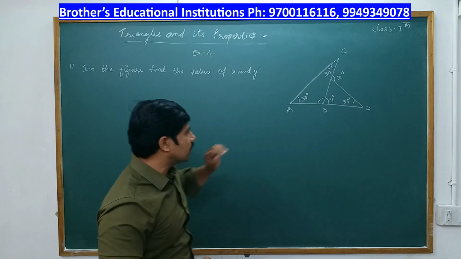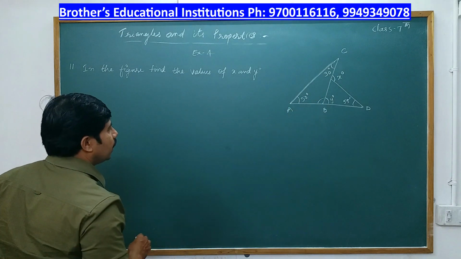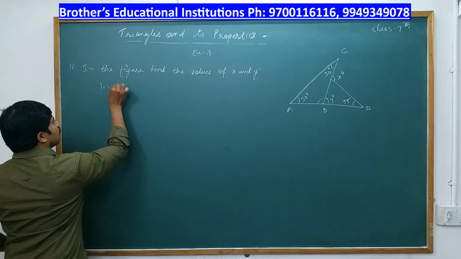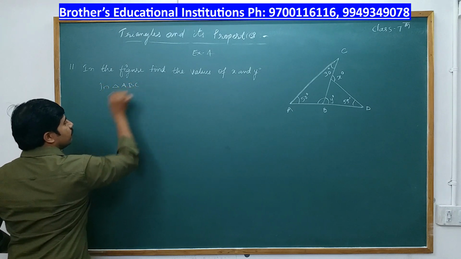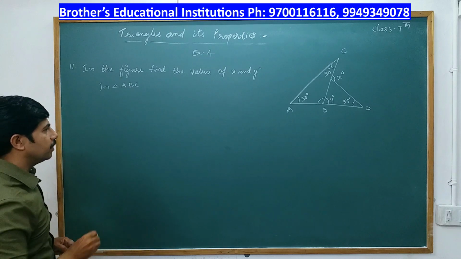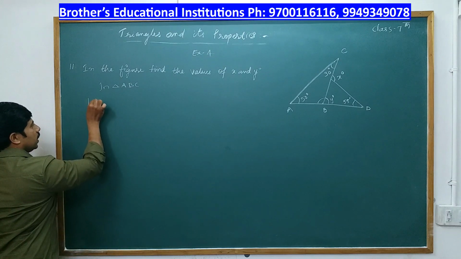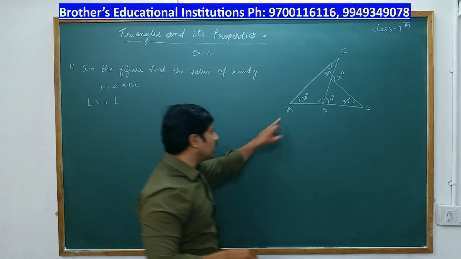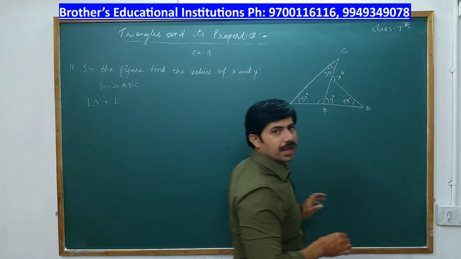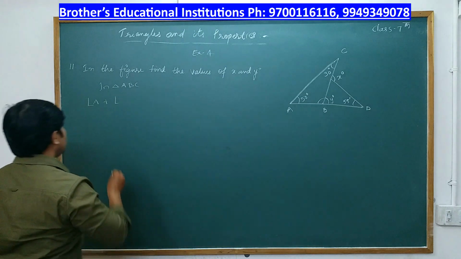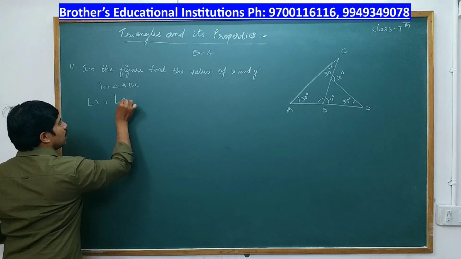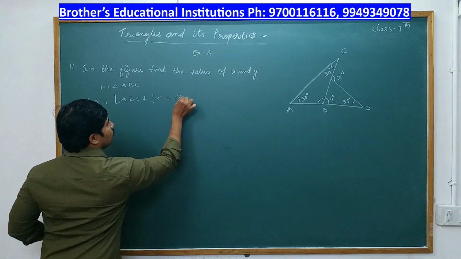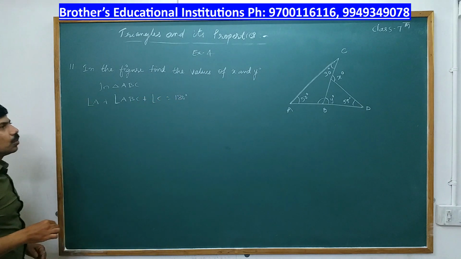Okay, so for that, in triangle ABC, we have three angles. One is angle A and the second one is angle B, but interior B, that is angle ABC. So here I write angle A plus angle ABC plus angle C is equal to 180 degrees. What is angle A?